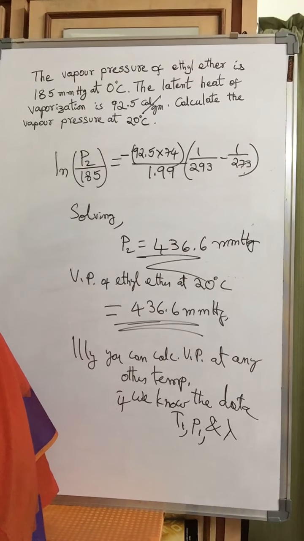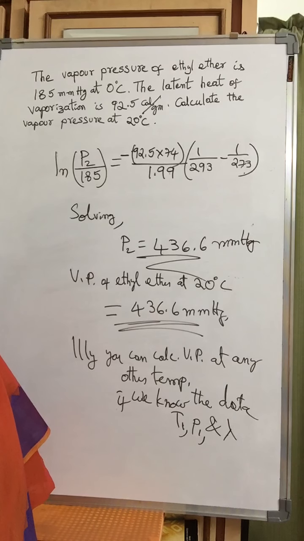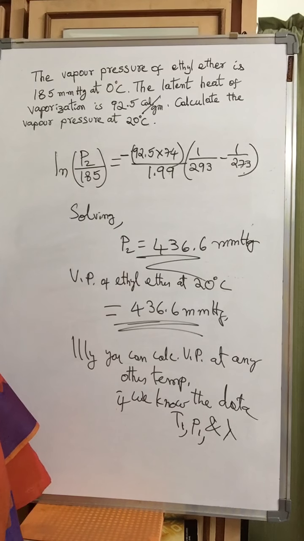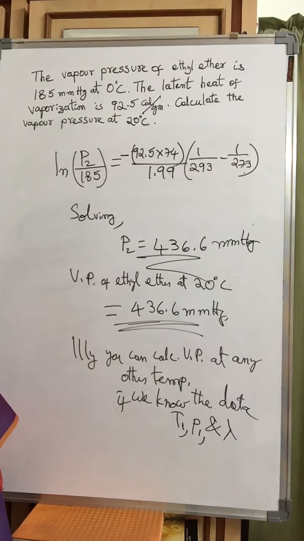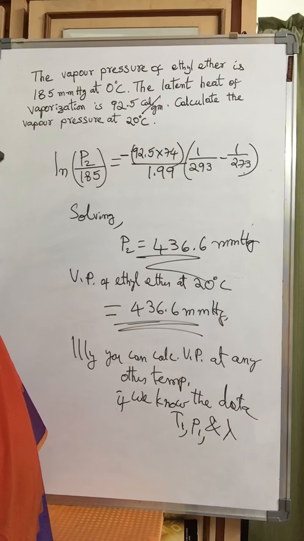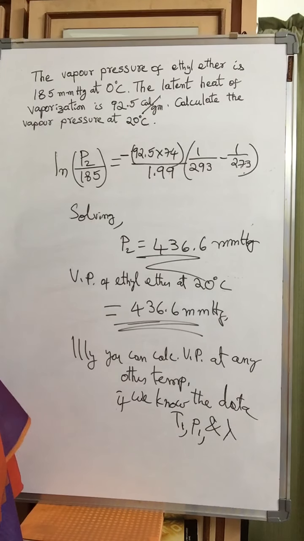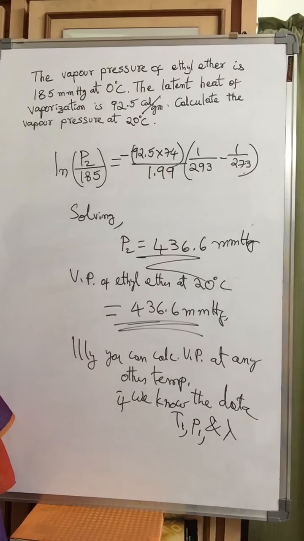If we know vapor pressure at one temperature, we can calculate vapor pressure at any other temperature using the Clausius Clapeyron equation, and latent heat of vaporization data is required. That R you need to take in calories per gram mole per Kelvin, so lambda also needs to be taken in calories per gram mole. If not given per gram mole, you need to convert. Another important point is that T should be substituted only in Kelvin. Thank you.